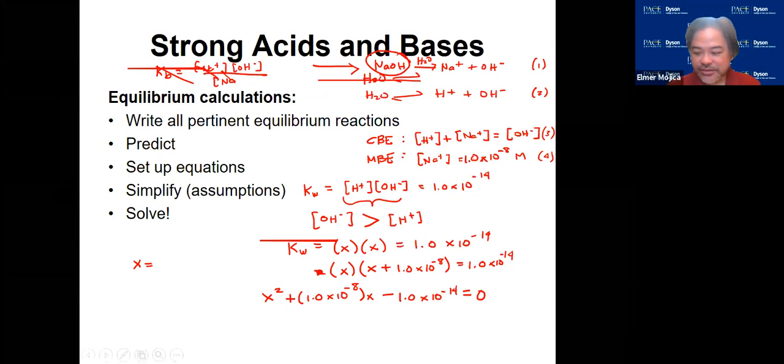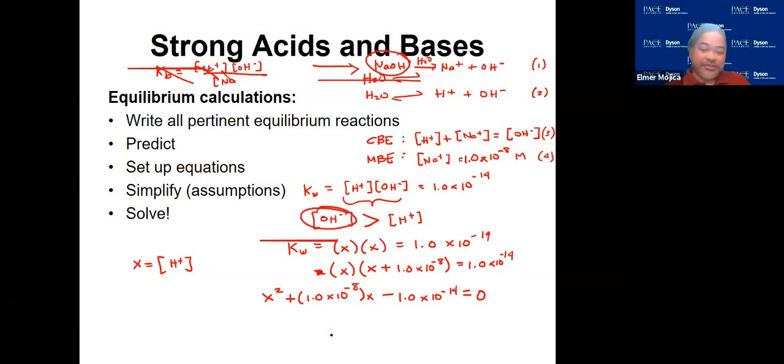Your X is equals your H plus. Because I set up the other one as X plus 1.0 times 10 to the negative 8, and that is your OH minus.